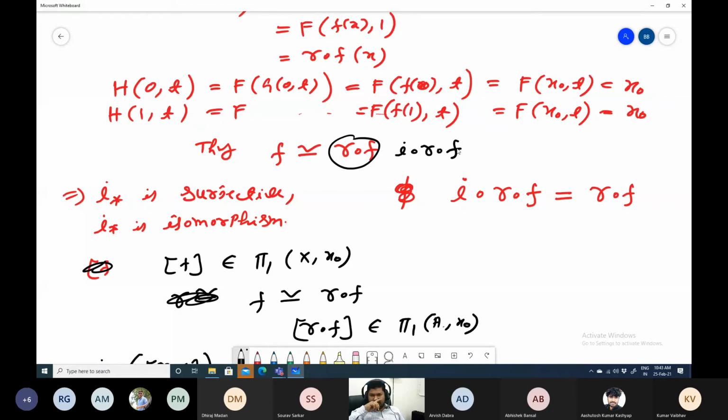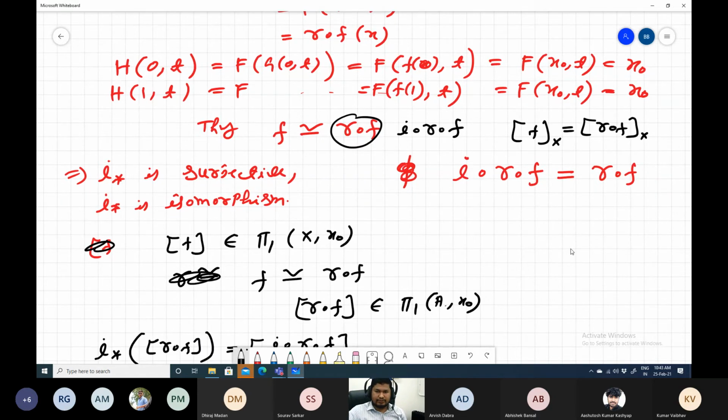You are right. If we use the homotopy class notations, then it will be correct. So here we proved that the class of f is equal to R compose f in X, because f is a path in X.